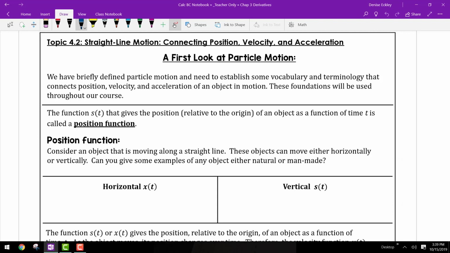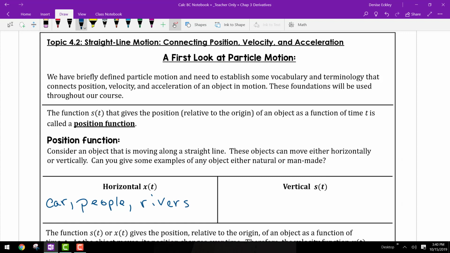So what are some examples of objects, either natural or man-made? I'm sure some of the things that come to mind is any kind of vehicle. So like a car can move horizontally. People do when they walk. Even geographical features like rivers, we think of them as moving horizontally.